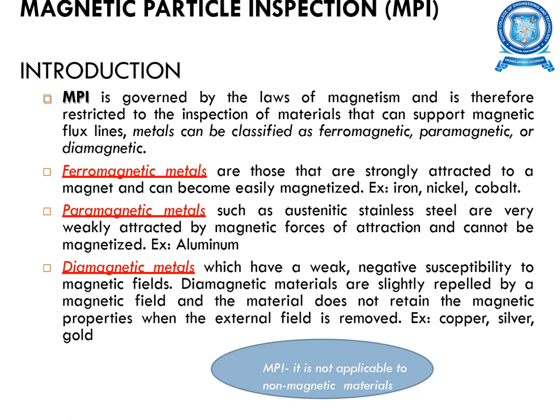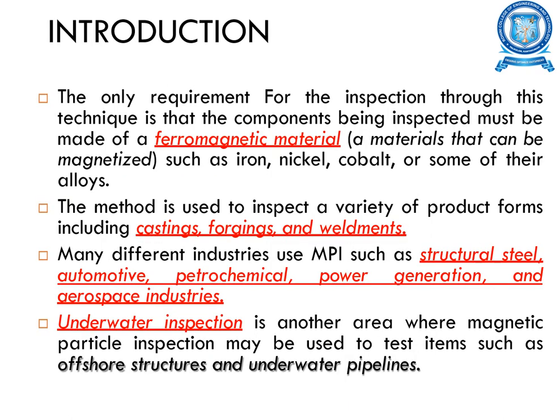Diamagnetic materials are slightly repelled by the magnetic field, and hence the material does not retain the magnetic properties when the external field is removed. Examples: copper, silver, gold. Hence, magnetic particle inspection is not applicable to non-magnetic materials.